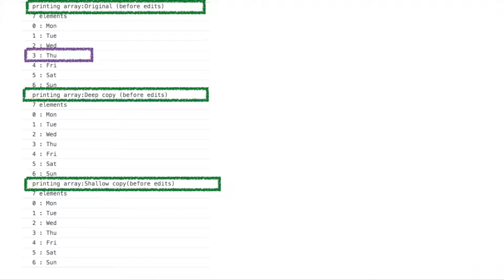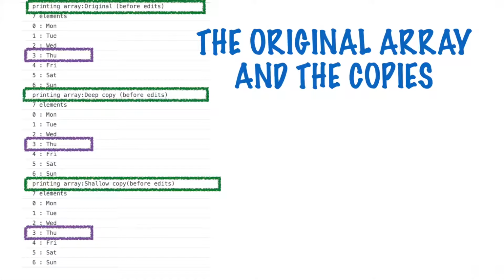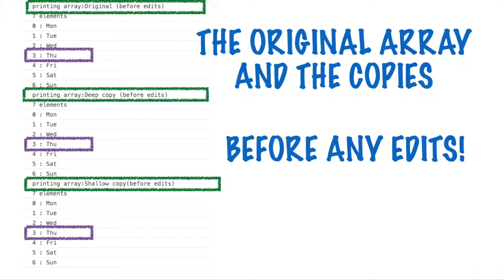We haven't yet made our edits. The value of the element at index 3 is exactly the same for all three arrays. Now that we've satisfied ourselves of this, we can go ahead and see what happens after the edits. Here the original array and the copies have exactly the same value before edits.